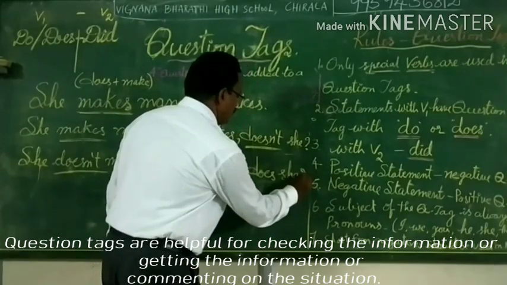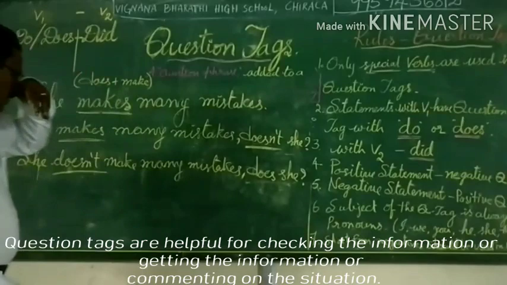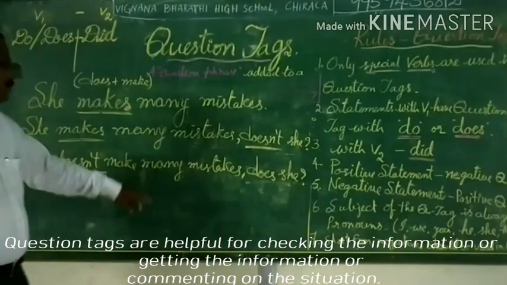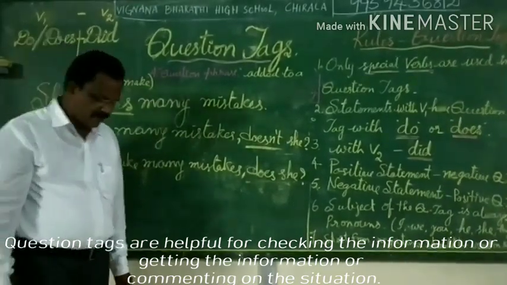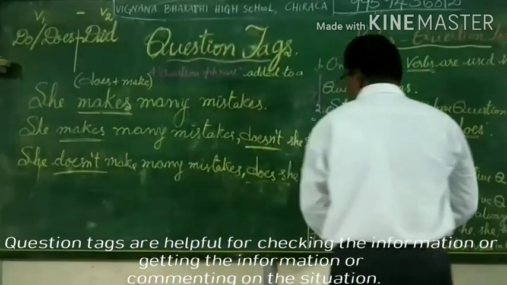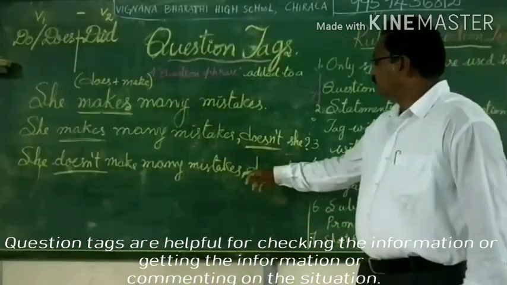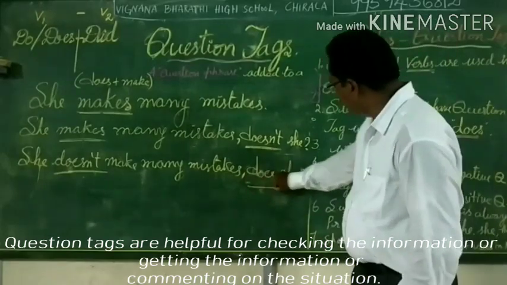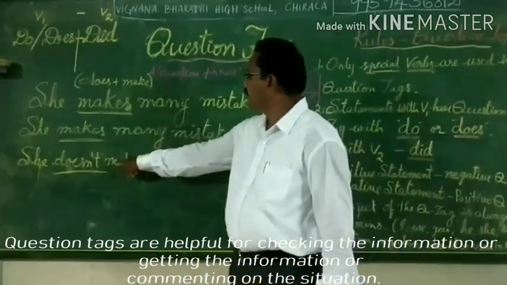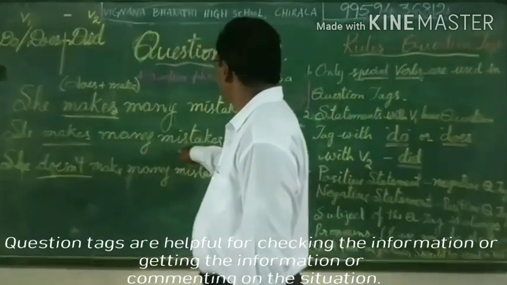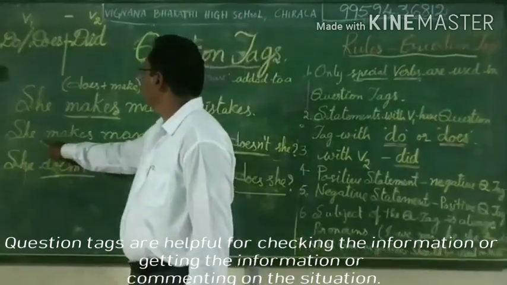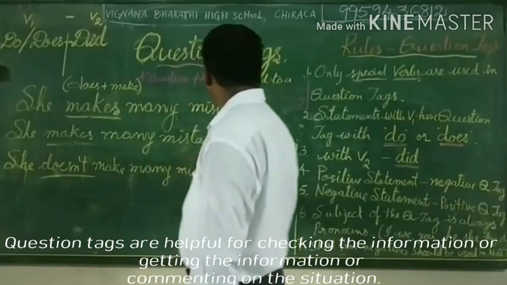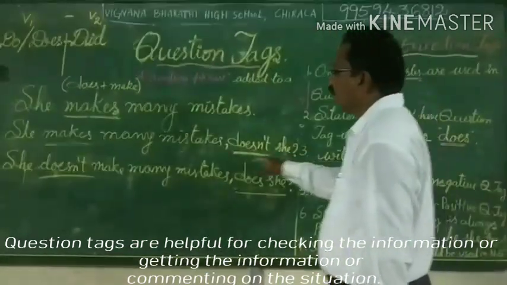Question mark. Does she? Here, she doesn't make many mistakes. Does she? This is the question tag. For any negative sense, like she makes many mistakes, doesn't she?